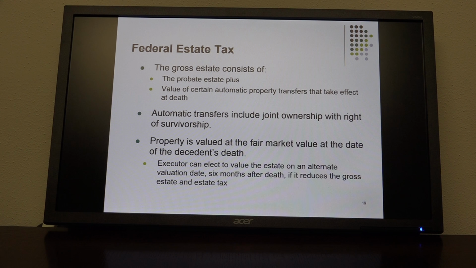If it's going to increase the estate tax, of course, that person would be an idiot to make that election anyway. So it kind of makes sense that you'd only pick that alternative valuation date if it reduces the gross estate and estate tax.